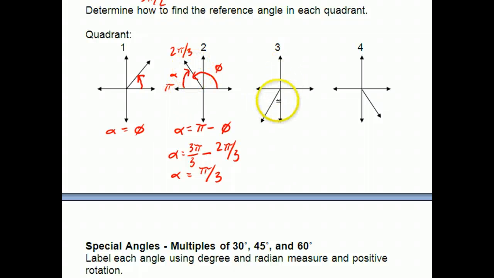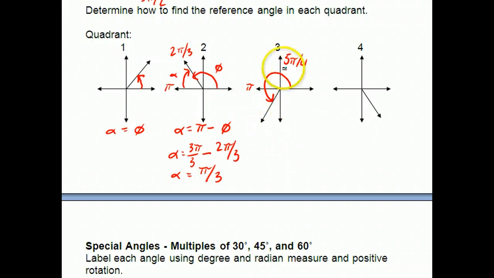Okay, so when my angle is in the third quadrant, down here, let's use an example of 5 pi over 4. Same idea. I know that this is pi, except now I'm going to add to try and get that reference angle.